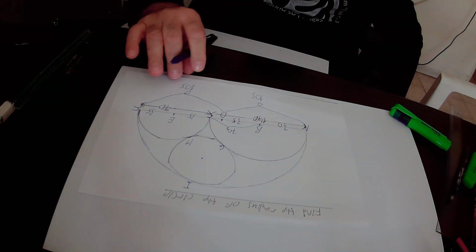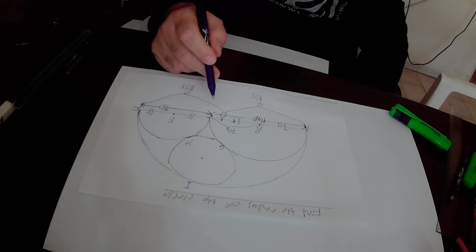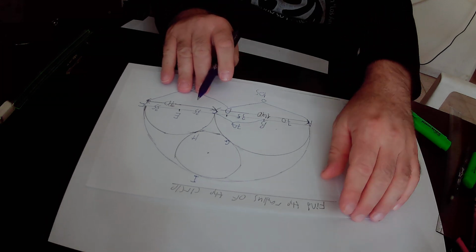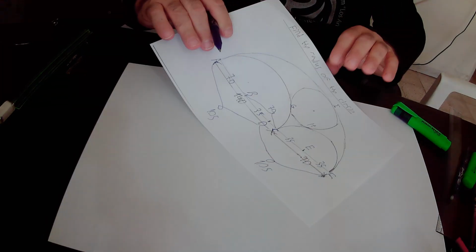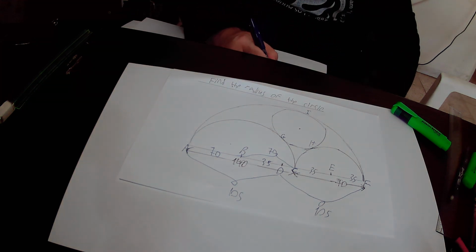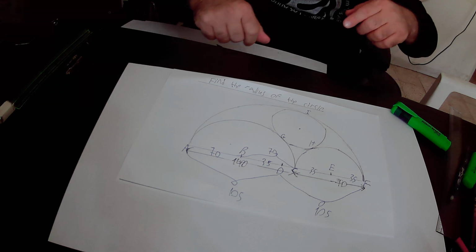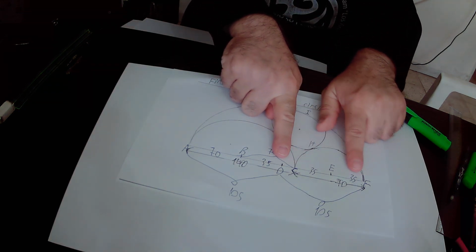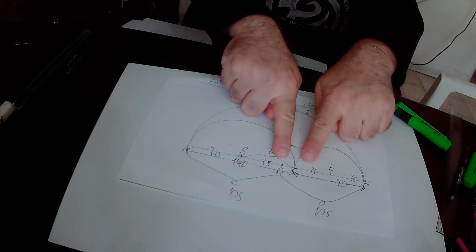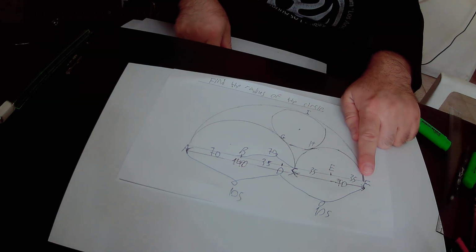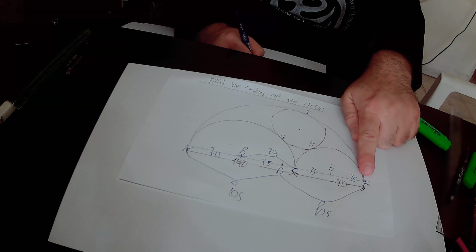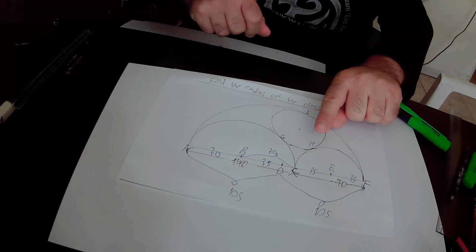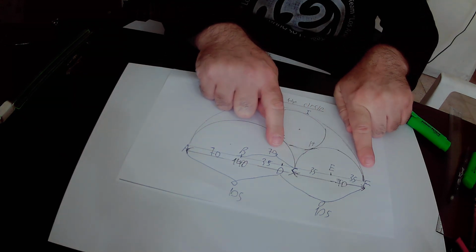What is the length of line segment OC? From the drawing, it is very easy to see that OC equals OF minus CF.